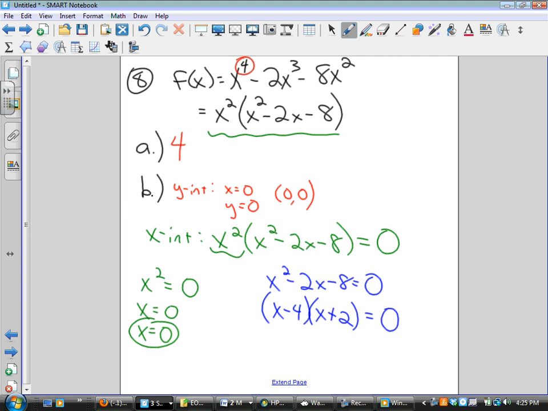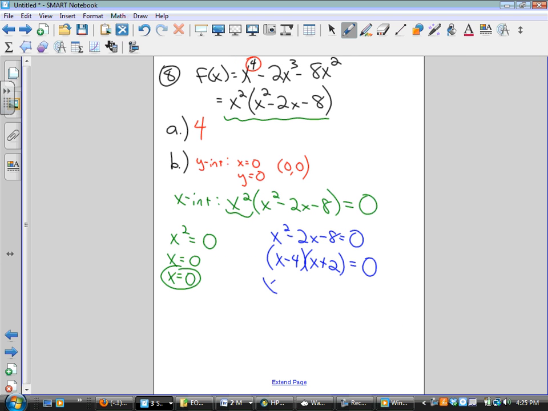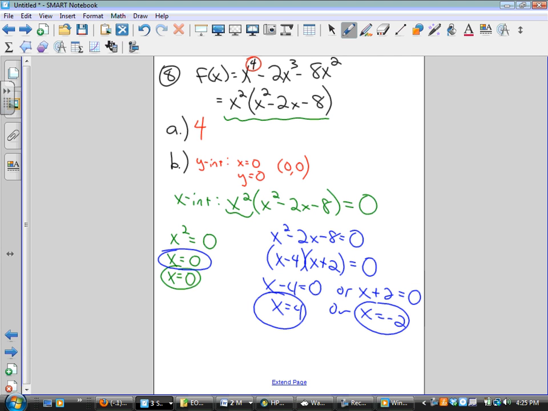And now we have the product of two things equals 0, so we can set each one of those factors equal to 0. So x minus 4 equals 0, and then also x plus 2 equals 0. When we do that, we get x equals 4, and we also get x equals negative 2. So there are all four of our roots. X equals 4, x equals negative 2, and then x equals 0 twice.